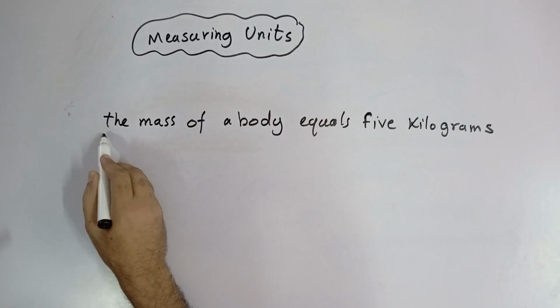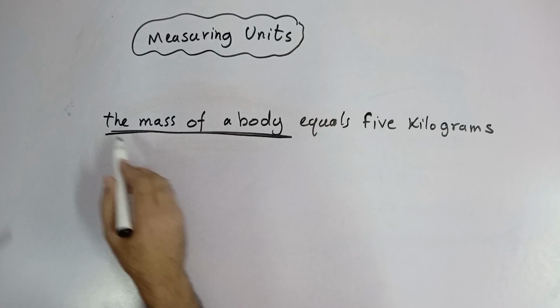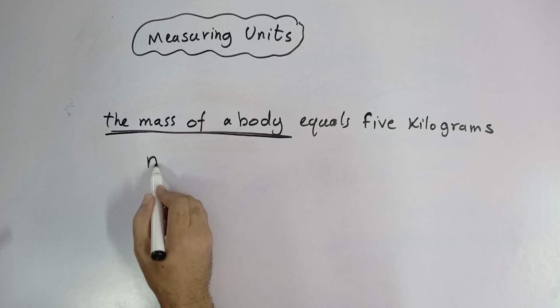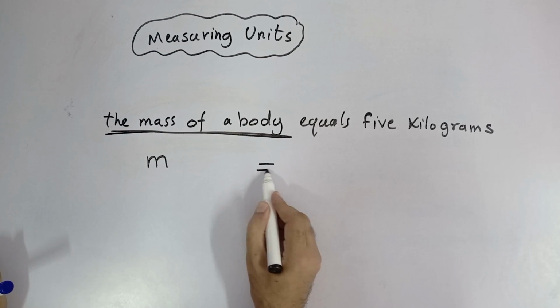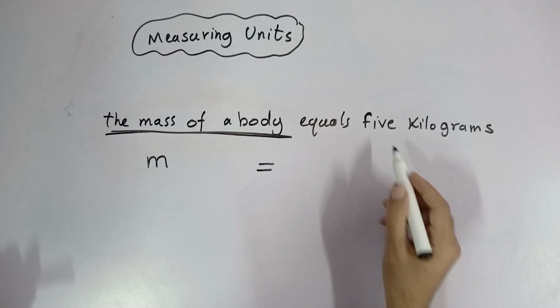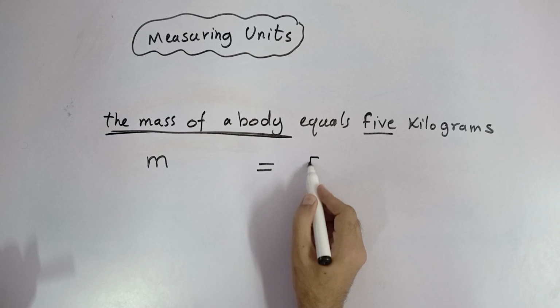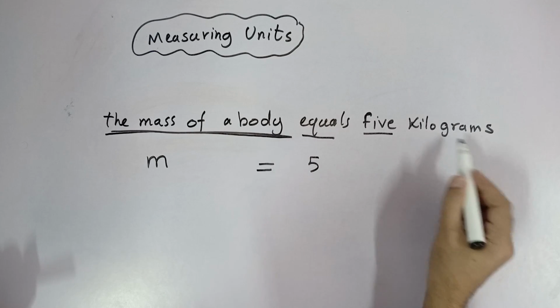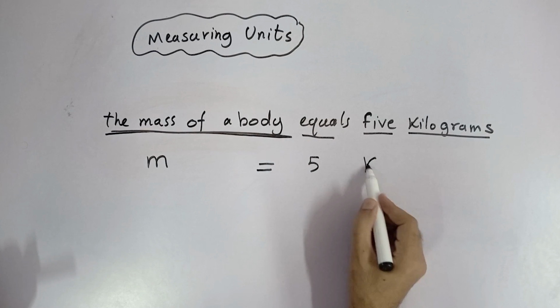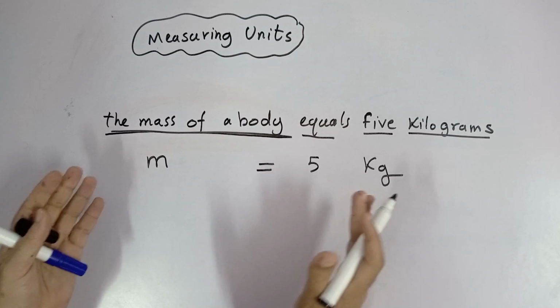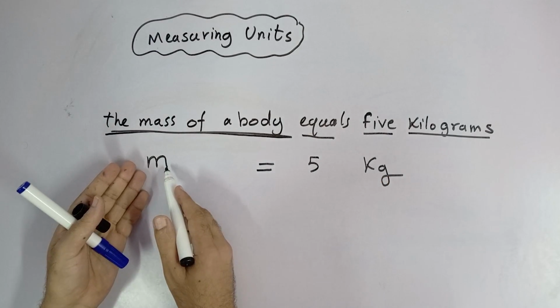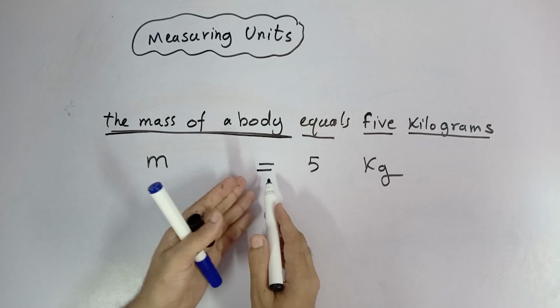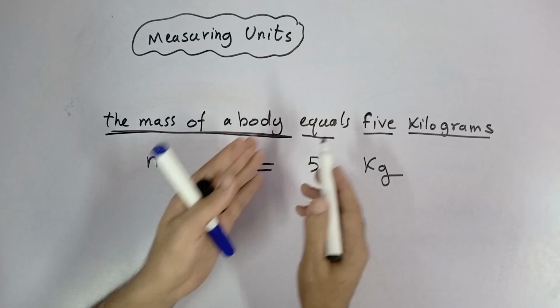We just write M, which means mass, equals this symbol 5 kg. These are the notations used in physics. M means mass. The equals sign means equals.